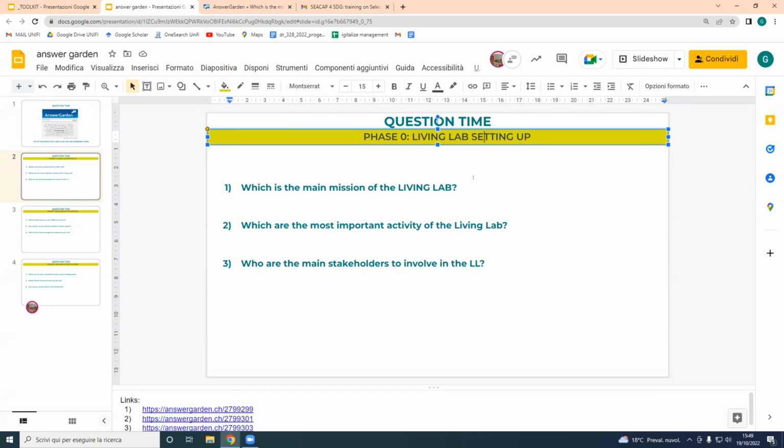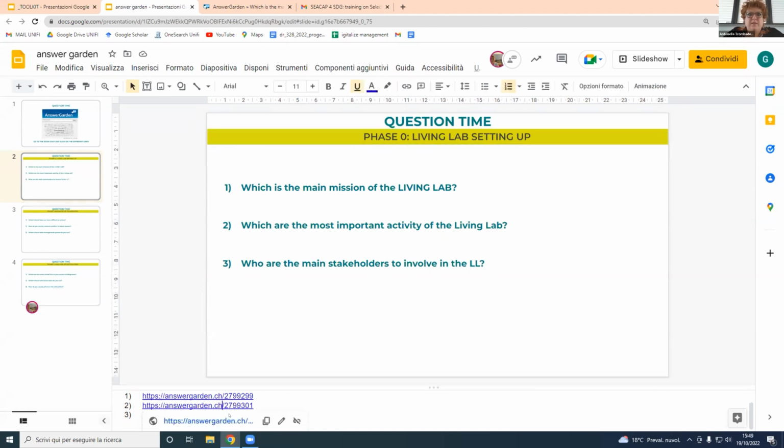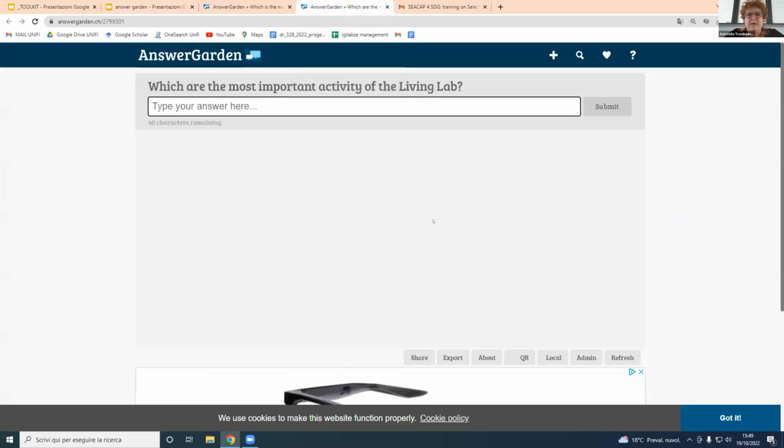Yes, it is. We explored this aspect yesterday when I described the activity of the Living Lab. All you mentioned is correct. So, which is the main activity of the Living Lab to reach the mission? To create some workshop experience, to create some seminar, to develop some coaching activities.